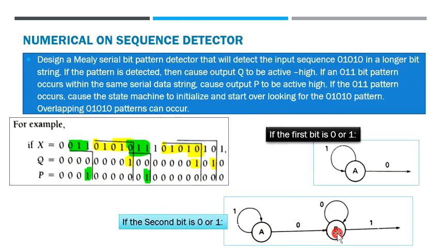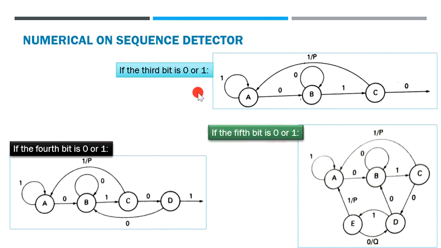If the second bit is equal to 1, you will make a transition to the next state. If not, you will make a transition to state B. Mainly, we need to focus on this particular bit sequence, that is 0 1 0 1 0. So based on that, we are drawing the state diagram. So next we'll go to the third bit.